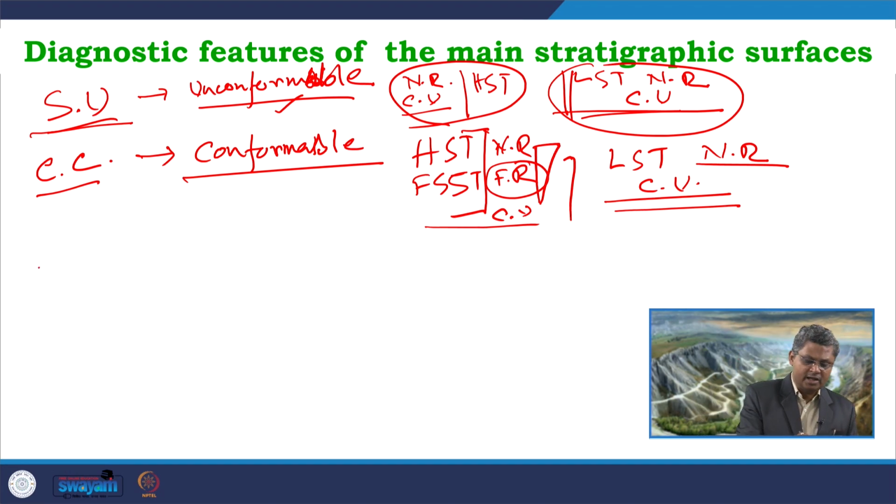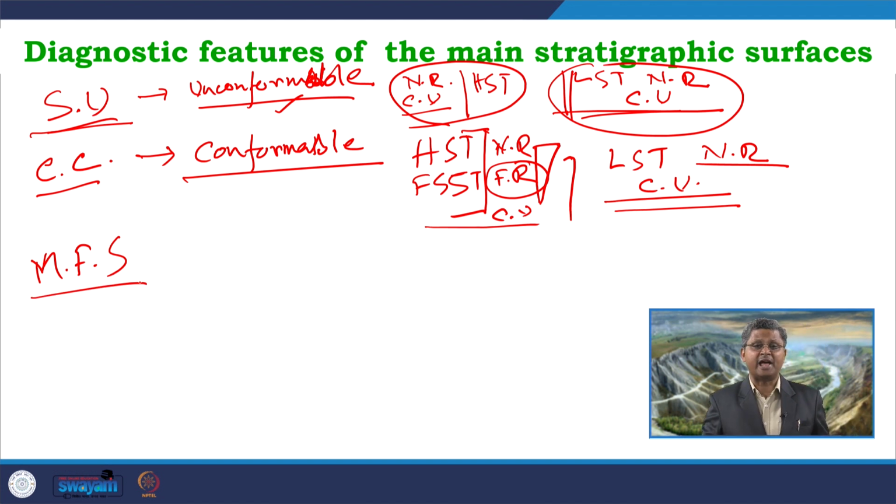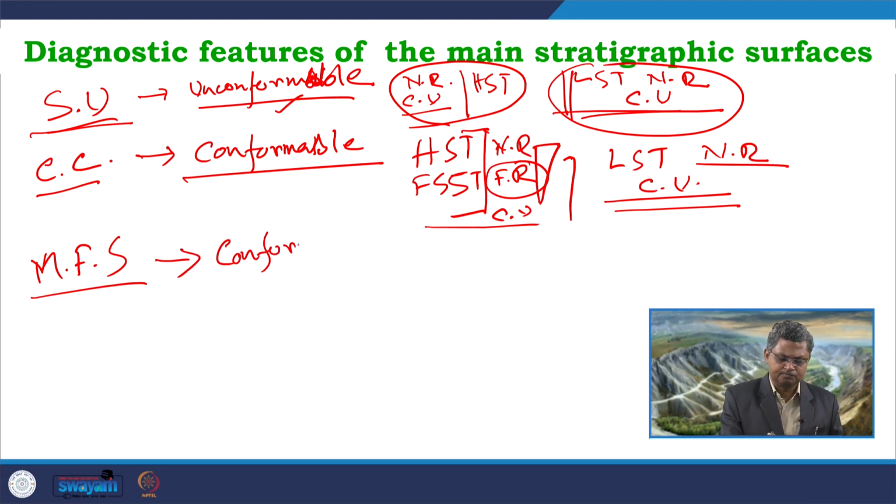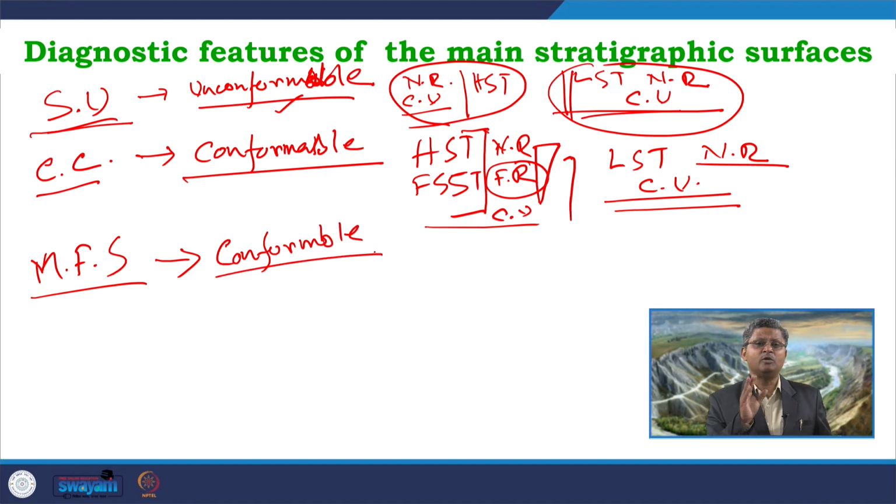In contrast to that, if I look at the maximum flooding surface, refer back to that previous diagram. So, maximum flooding surface is the bounding surface at the end of transgressive systems tract. So, it is not associated with any kind of erosion. Normally maximum flooding surface is a conformable surface. Very rarely we can get some erosion across maximum flooding surface.